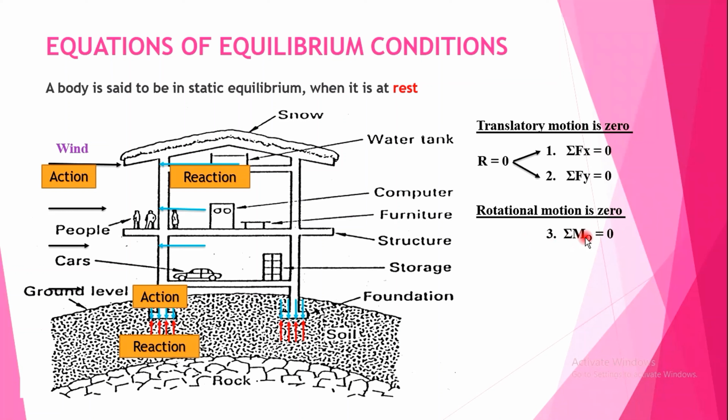It is the algebraic sum of the moments. Moment means force into perpendicular distance. So that moment is 0 with respect to any reference point. If I consider here or here, it will not rotate. That will be 0 only. So we need to satisfy these three equations of equilibrium conditions. So totally we have three equations of equilibrium. Now we can move on to the next concept. It is support reactions.